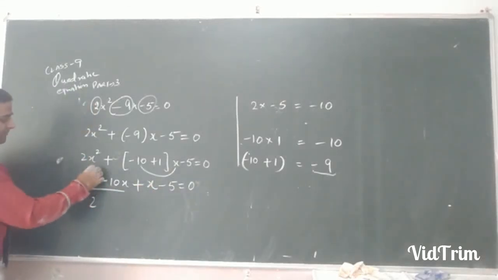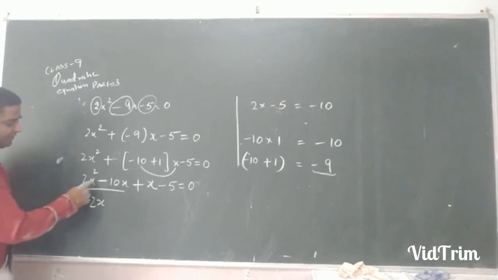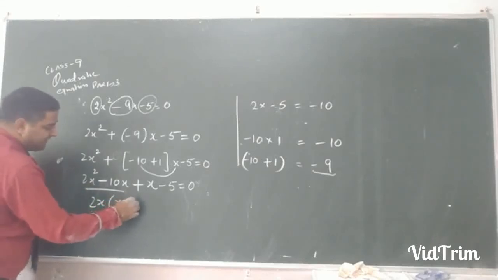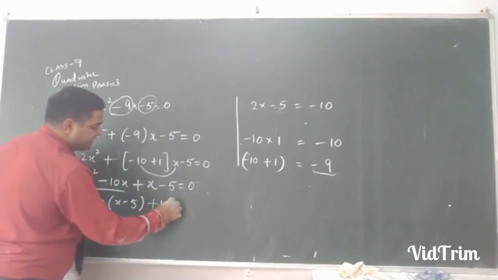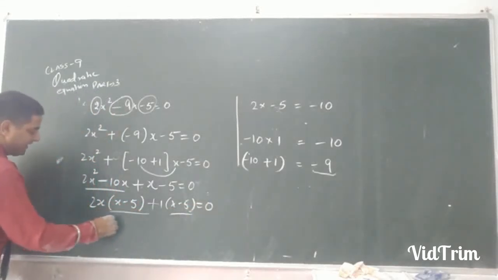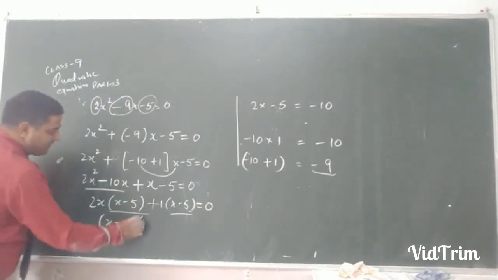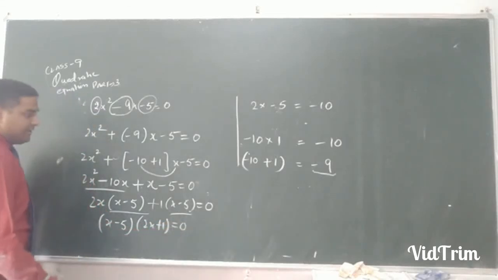Out of these two, 2 is taken common, x is also taken common, we are left with x minus 5. Here nothing is common, so plus 1 is taken, x minus 5 equals to 0. So x minus 5 is common, and we get 2x plus 1 equals to 0.